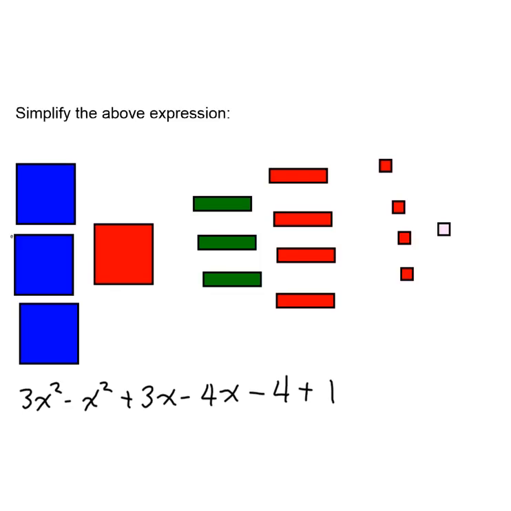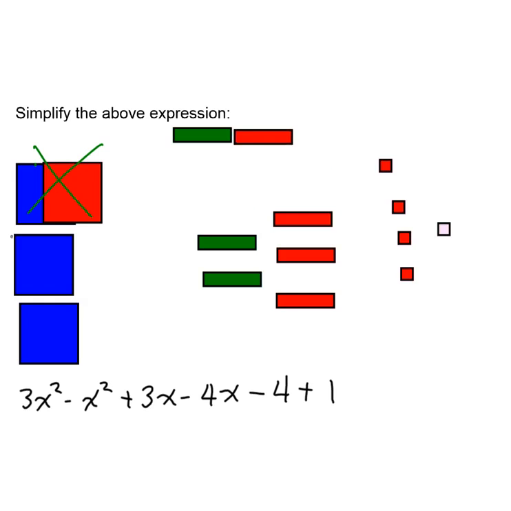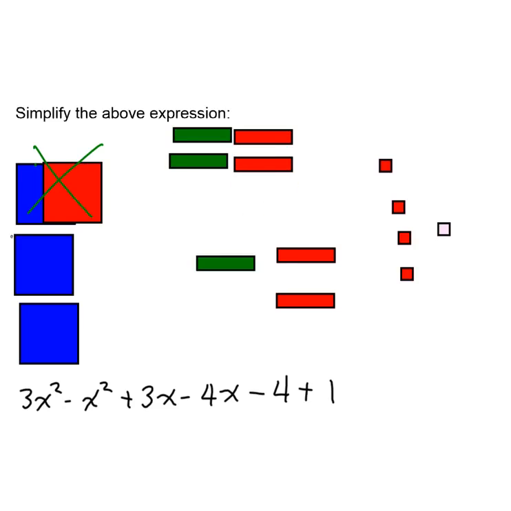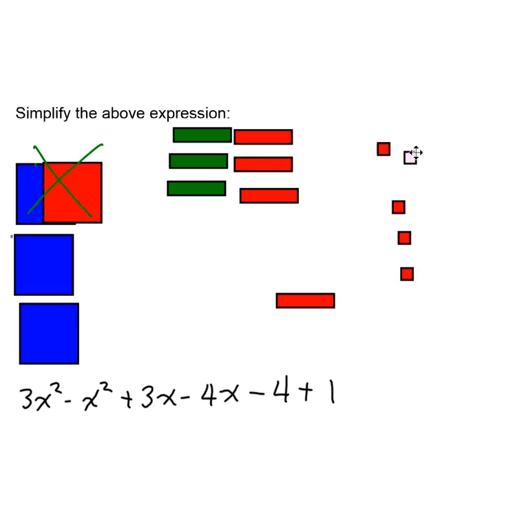Just like with integers when you learned them, you can pair up a red with another color to create 0. So negative 1 plus positive 1 makes 0. Watch, I can put these two together, those two cancel out, and I'm left with 0. I can do the same here. I can put those together, and those together, and those together, and those together.